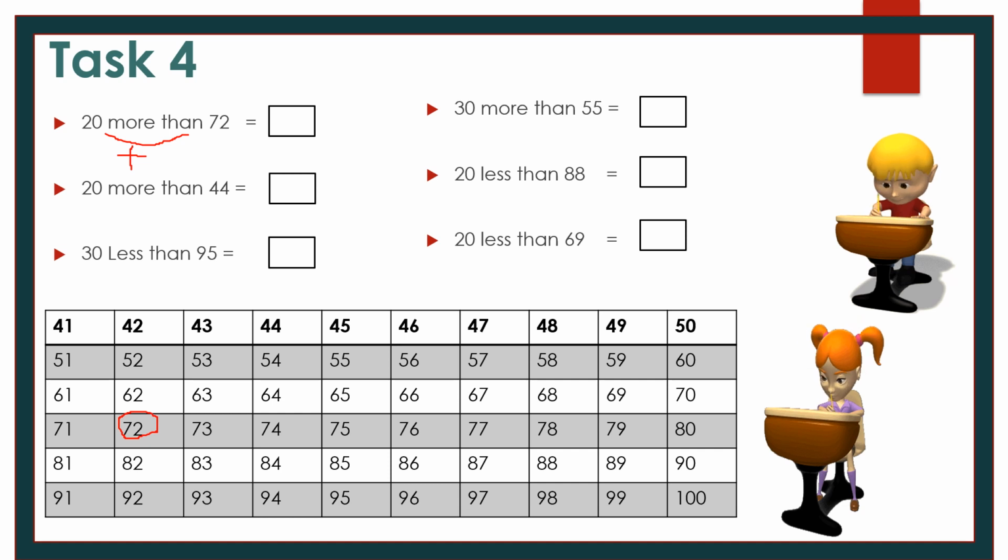Correct. From 72 to 20 more. So, 20 is how many tens? 2 tens. So, 1 ten and from 82 to 92 is the 2 tens. So, what is the answer? 92 is the answer here.